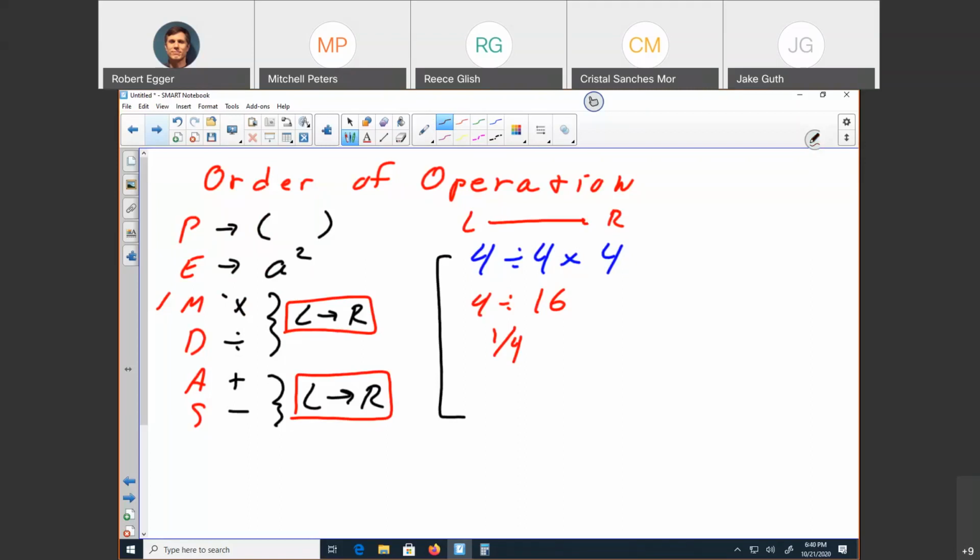So if there's some adding and subtracting along there, and you have the option of division or multiplication first, this says left to right: 4 over 4 times 4, which is 1 times 4, which is 4. Not a fourth, 4. Which is correct. And I wrote it this way on purpose, to emphasize what they're saying up there.